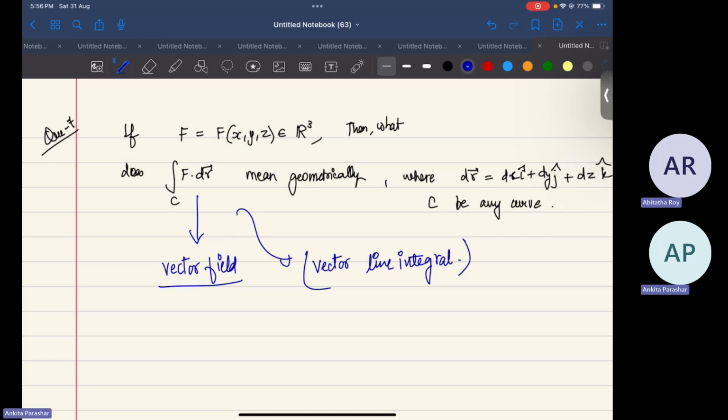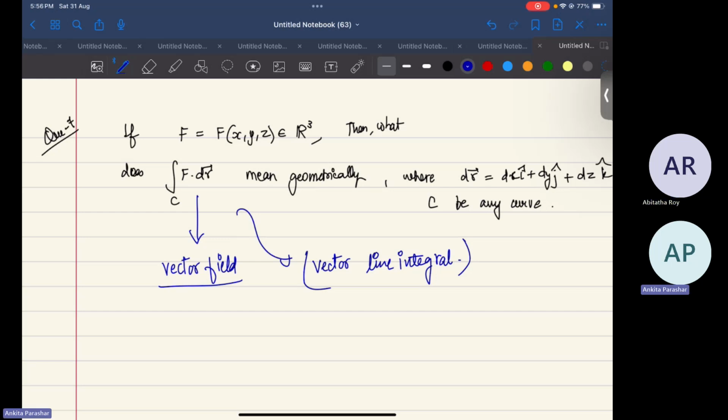Ma'am, repeat the last part, which you told. Yeah, I'm just saying that suppose you have a force which has magnitude and direction, and there is a displacement in that direction wherever you are moving it, then force times displacement will give you the work done. Of course, if there is no displacement, there is no work, even if you have put force on it.